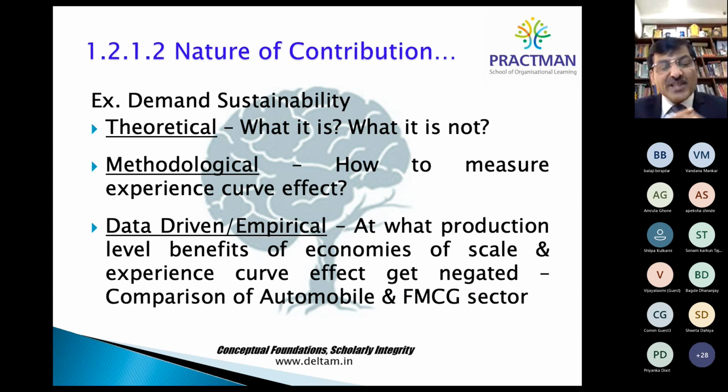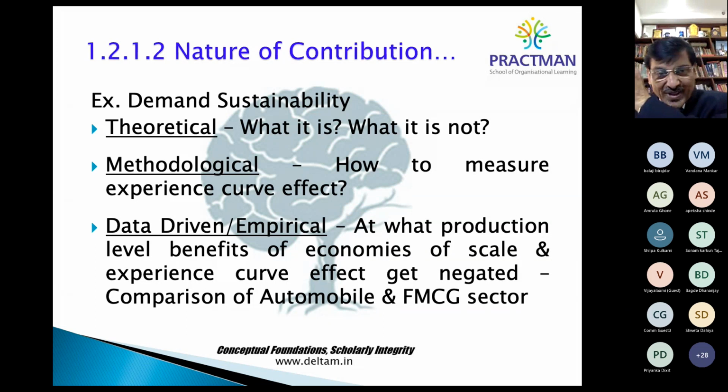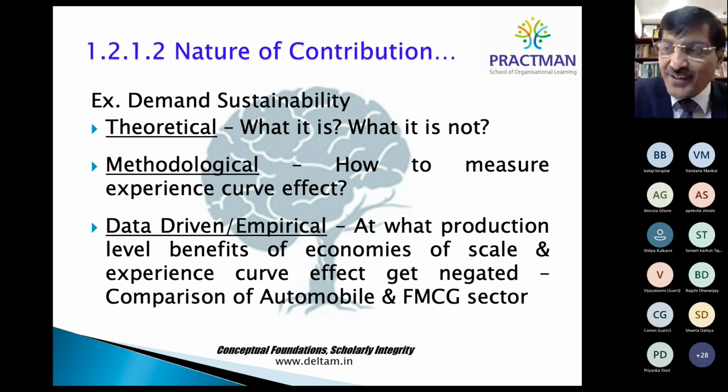Now, somebody may use the existing theory of economies of scale and the existing theory and methodologies of measuring the experience curve effect, and then check at what production level the benefits which you get get neutralized. You may do this comparison between two sectors, automobile on one hand and the fast moving consumer goods industry, like bath soaps, shampoos, etc., on the other hand.